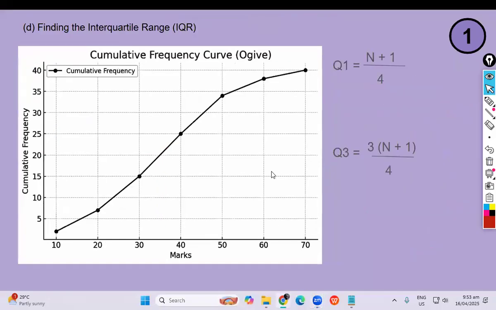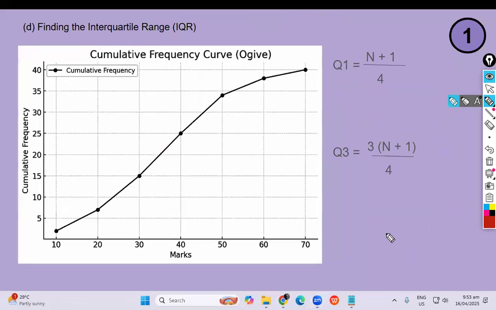Right. Part D. Find the interquartile range. To find the interquartile range, you have to find the Q3 value and the Q1 value. This is the third quartile and this is the first quartile. For those who didn't know what to do, I'm giving you the formulas.